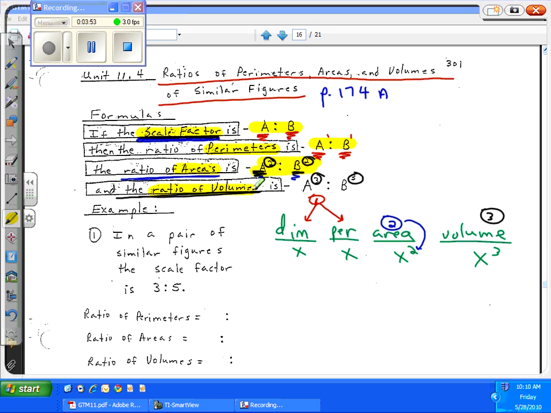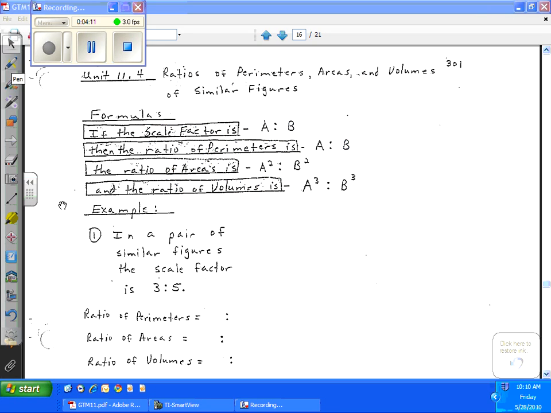And the ratio of volumes, because it's three dimensions, is A cubed to B cubed. And we see that same pattern, dimension, perimeter, area is square, volume is cube, in the drill that we learned before. Okay, example.